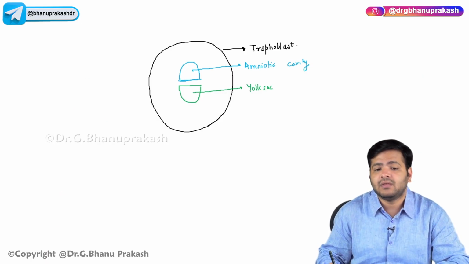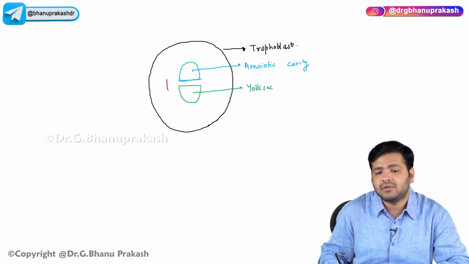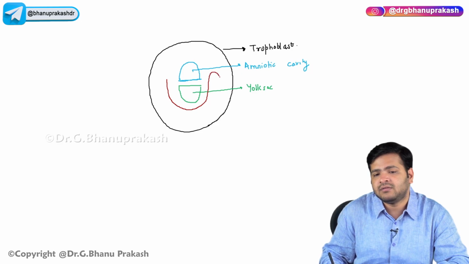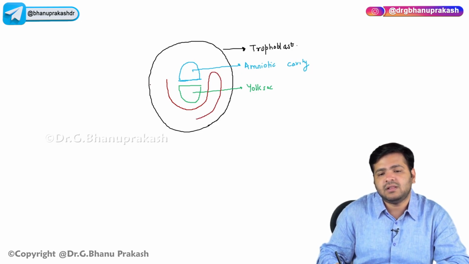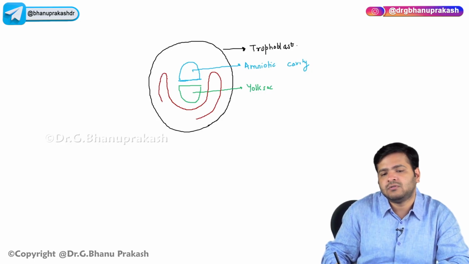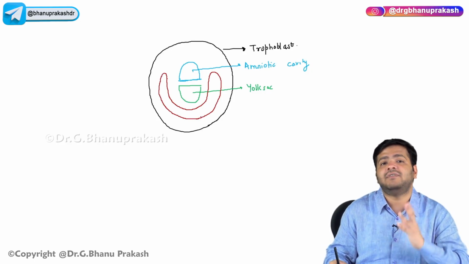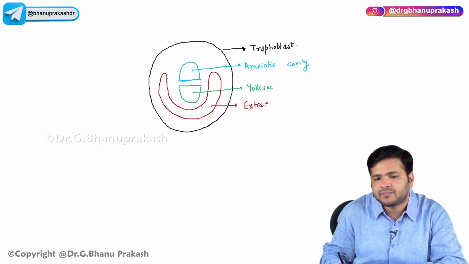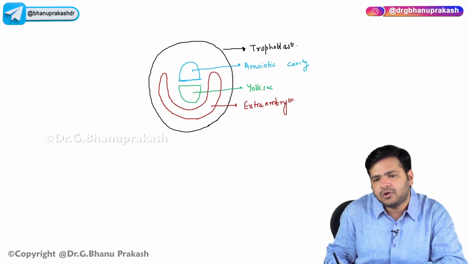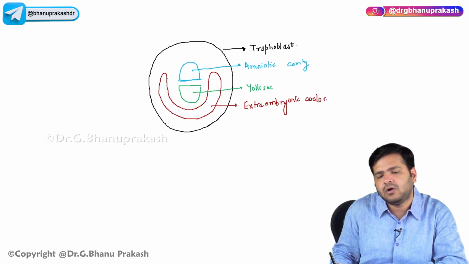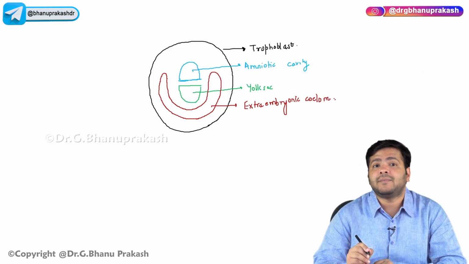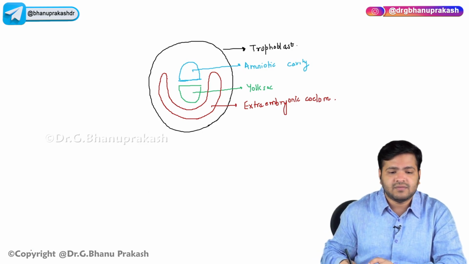Cavities will start developing in the extraembryonic mesoderm, and these cavities will join together to form a large cavity, and that is called the extraembryonic coelom. Now, you already know this extraembryonic coelom is developing in the mesoderm, right?